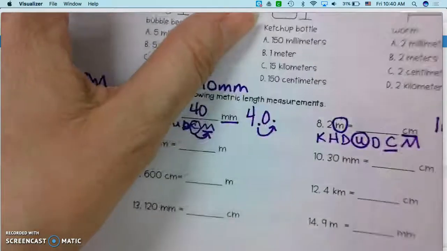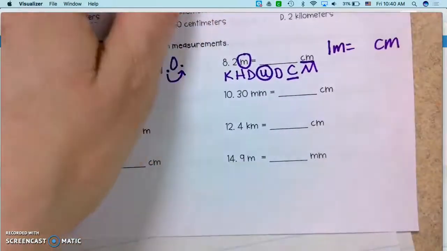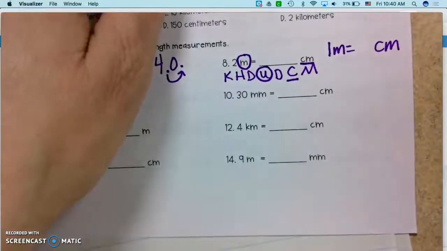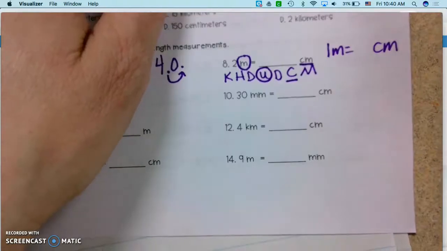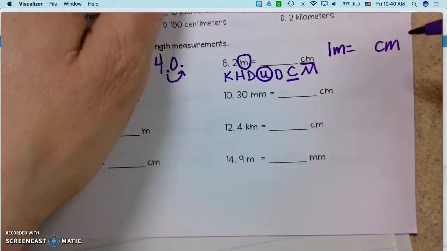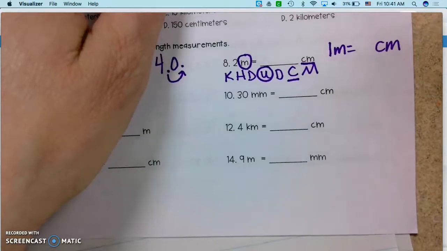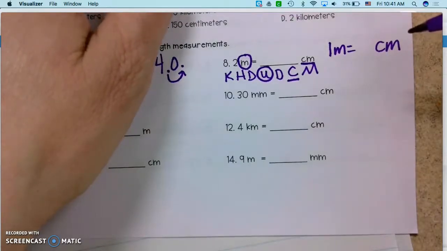It's on your star chart. Do y'all remember? How many? 10? No? Oh, darn, I was so close. So how many centimeters are in a meter?